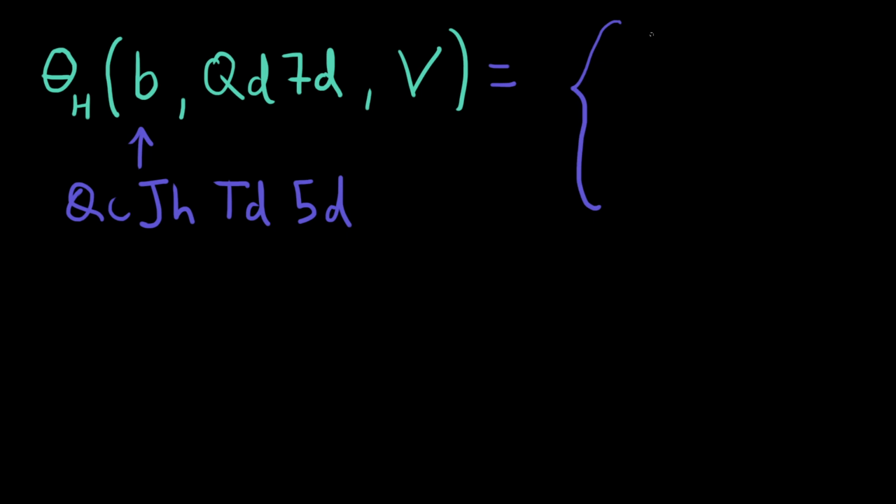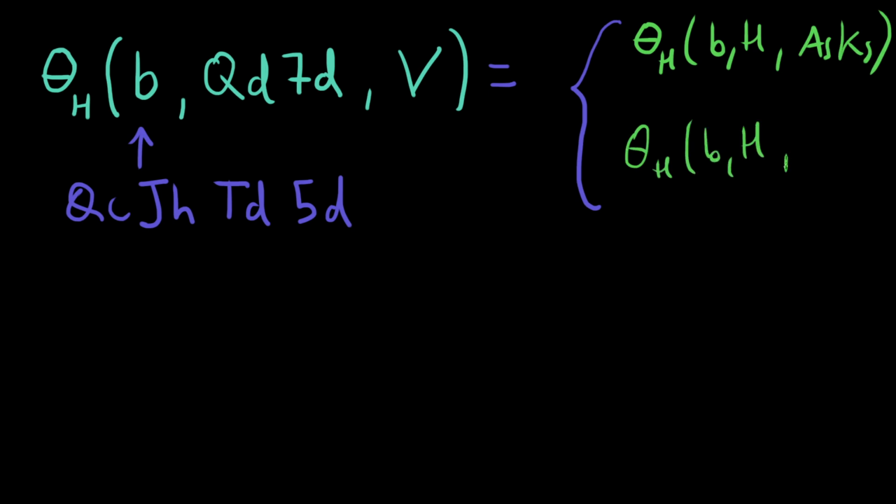This showdown function, we can split up into two different things. We can look at the showdown function of B and hero's hand H for when villain has the ace of spades, king of spades, and then we can also look separately at when villain has the king of diamonds, 2 of diamonds.